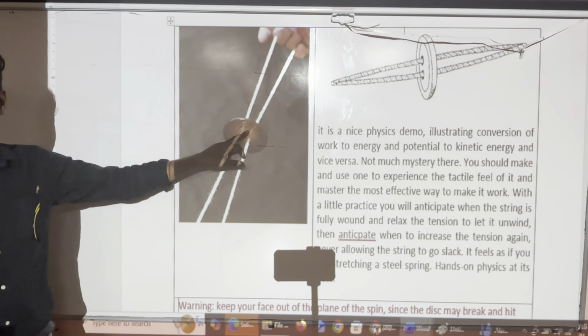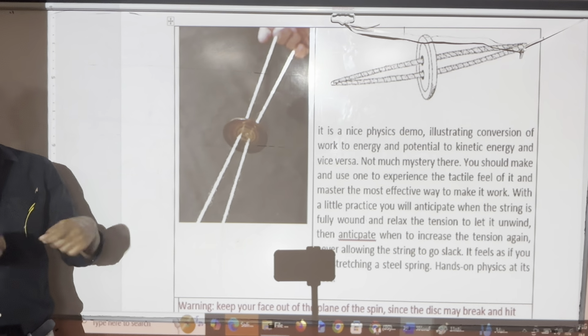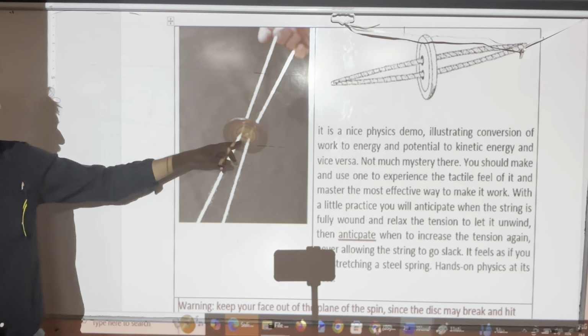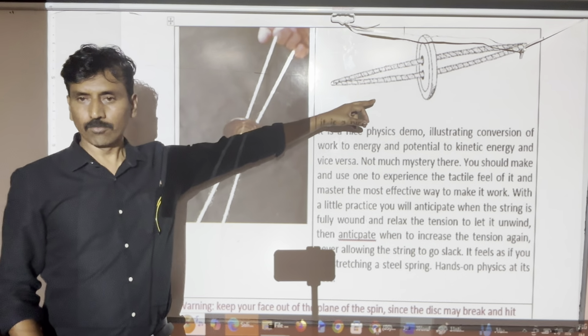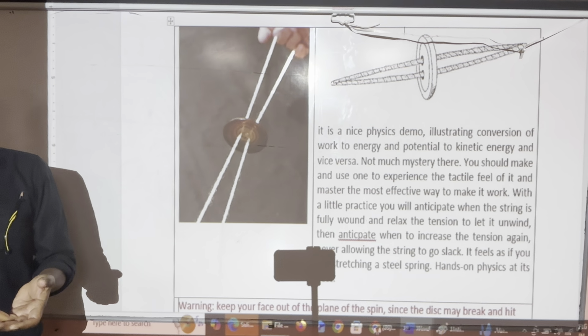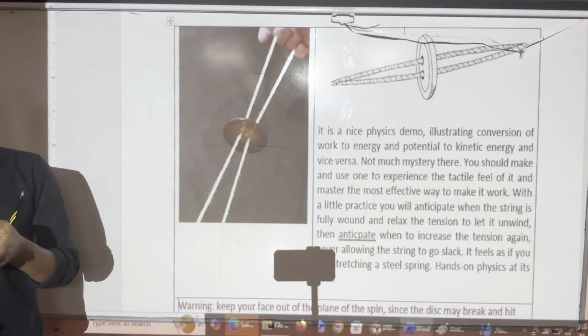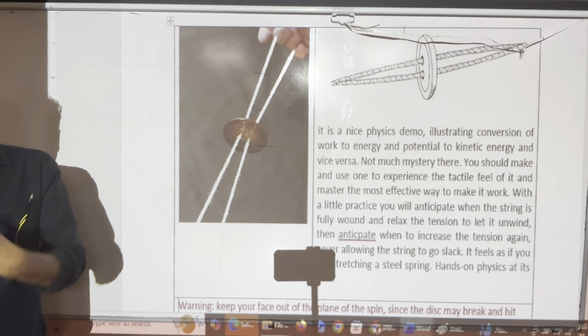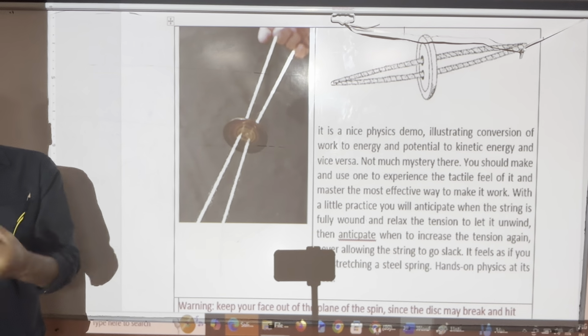So you know how to do it. Initially you try to rotate it. When you stretch it, it starts unwinding. As it unwinds, it gains kinetic energy, and as it gains kinetic energy, it won't stop. Once it unwinds, it starts rotating in the other direction and winds again in the other direction.